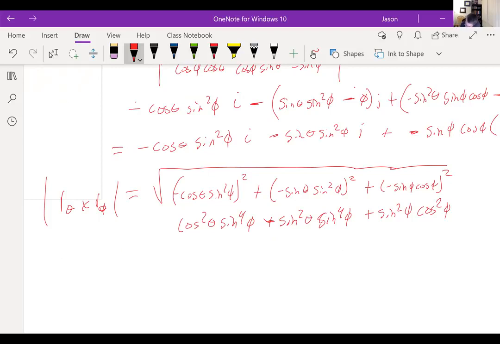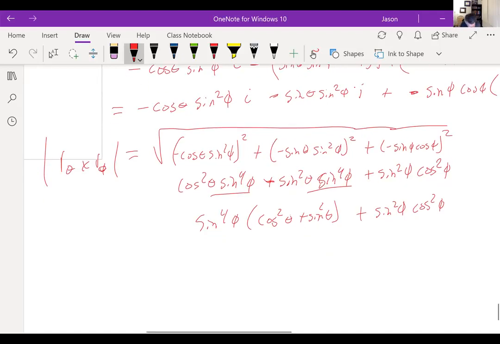So factor out the sine to the 4th phi: sine to the 4th phi times cosine squared theta plus sine squared theta, plus sine squared phi cosine squared phi. Nice.